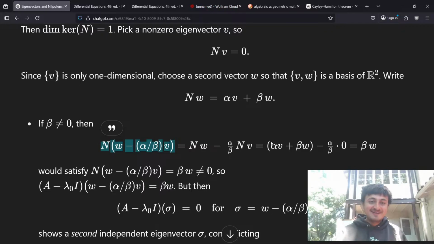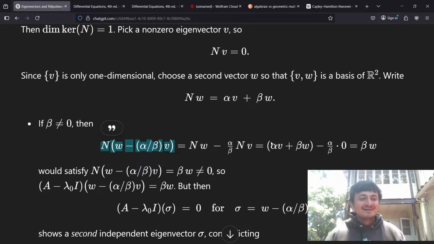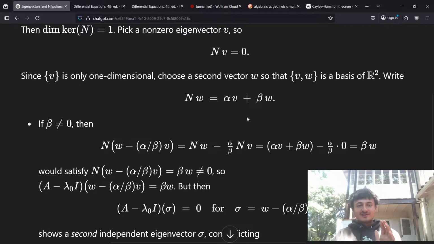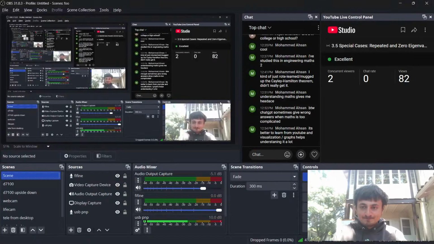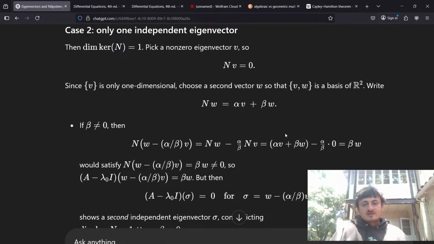That thing seems so deep. Why, bro, why would it satisfy its own characteristic equation? That's just crazy. But I want to understand this proof, because this is the proof that my book wants. Yeah. It's better to learn from YouTube. I agree, but honestly, since this is just linear algebra, ChatGPT rarely gives me wrong answers.